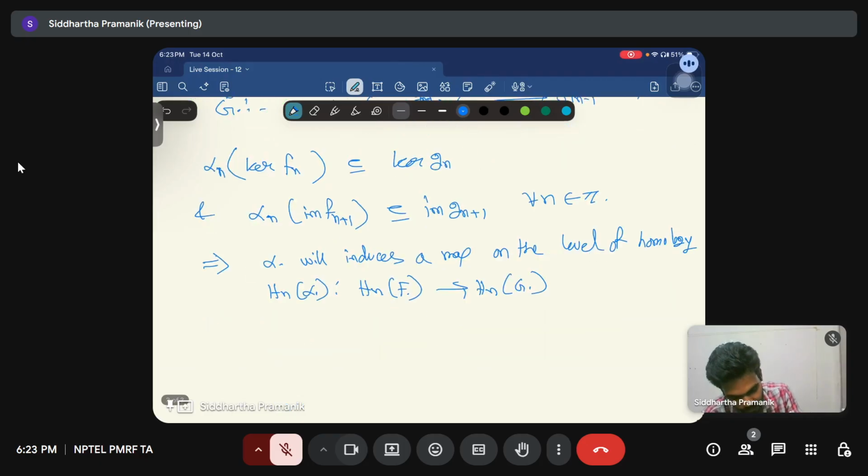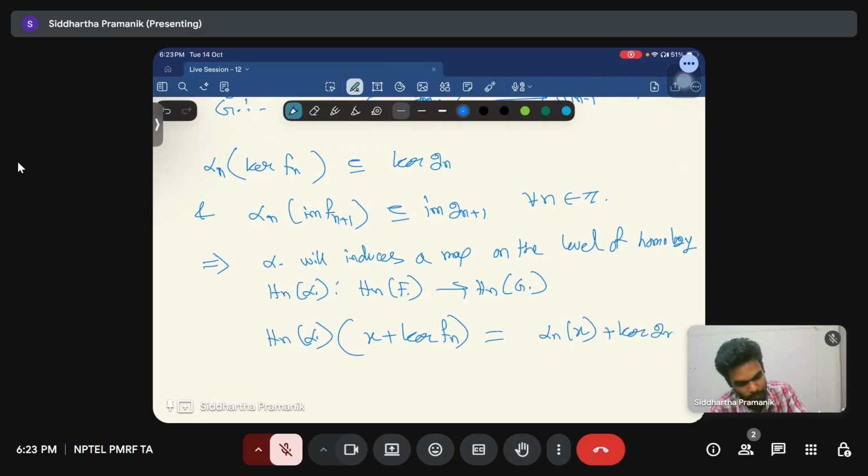And how is it defined? That hn of alpha dot, if you take an element from the homology, let's say x plus kernel of fn, then it will be just alpha n of x plus kernel of gn. And this is true for all n belongs to Z.